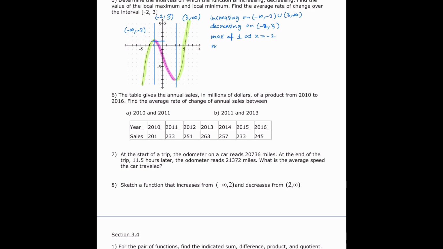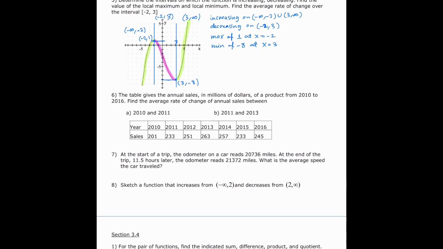And it has a minimum, the lowest point here is -8, and it happens at x is equal to 3. So at this point right here. So this point is (-2, 1), and this point is (3, -8). So that is the maximum and minimum, and both of these are local because those are not the highest or the lowest point on the graph.